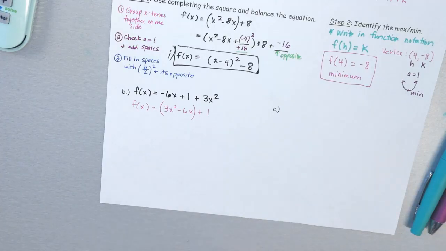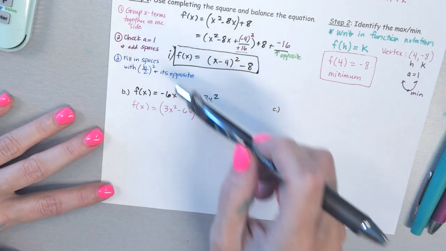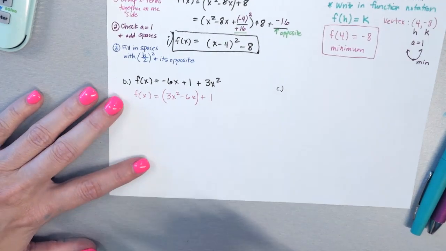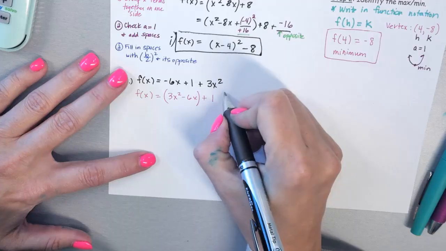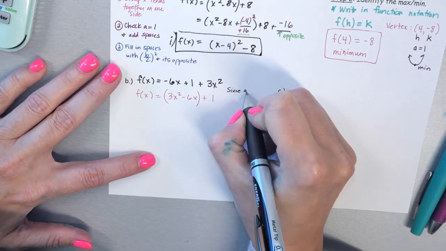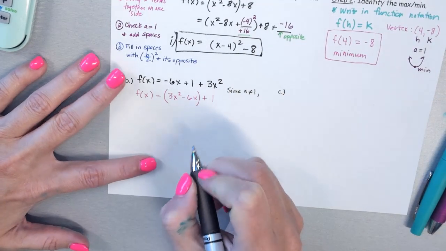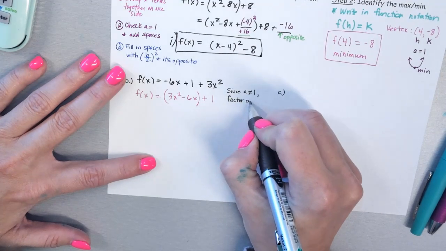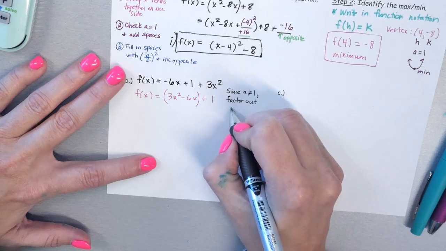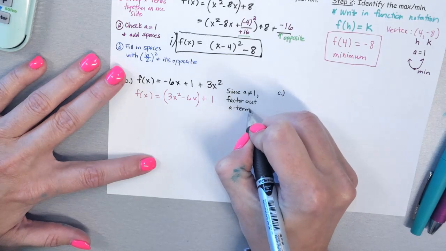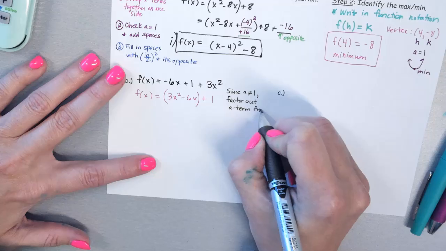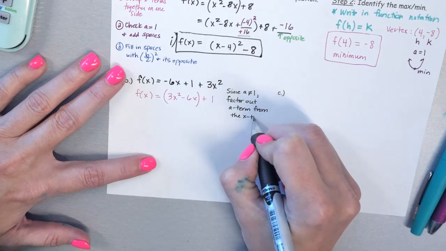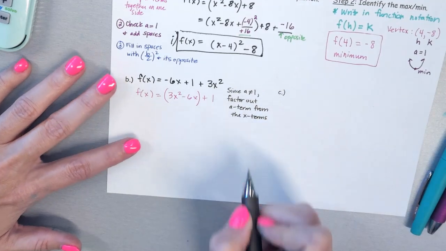So remember, we need to check to make sure a is equal to 1. In this case, your a is 3, not 1. Okay, so since a does not equal 1, you're going to factor out the a value from the x terms.